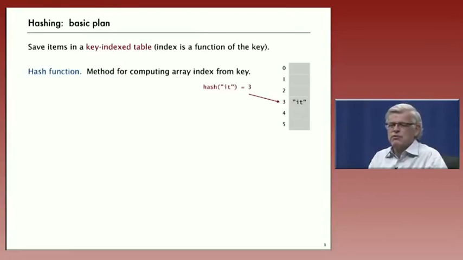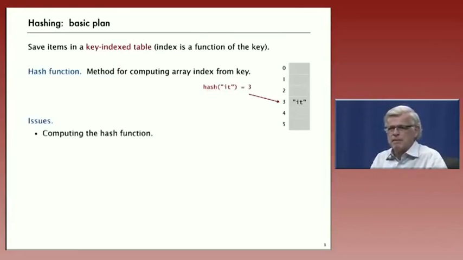And what we do is use a function known as a hash function that takes our symbol table key and reduces it to an integer, an array index. And we use that array index to store the key and the value in an array, maybe the value in a parallel array. Now there are a lot of issues in doing this.